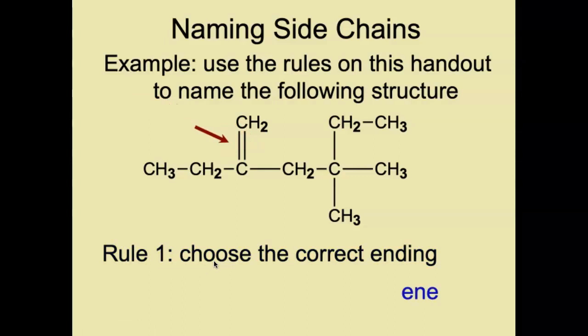The next thing we need to do is pick out the longest carbon chain that includes all the weirdness. So in this case, I could take this thing and call it, let's say, a butene. But wait, I can't call it a butene because 4 carbons is not the longest carbon chain that includes all the weirdness. It is, in fact, a chain that follows my cursor here.